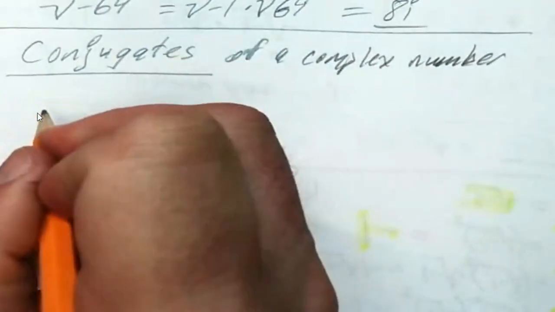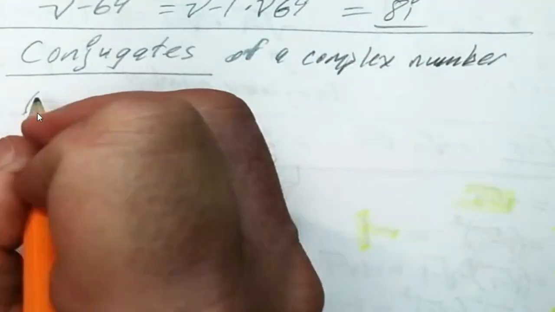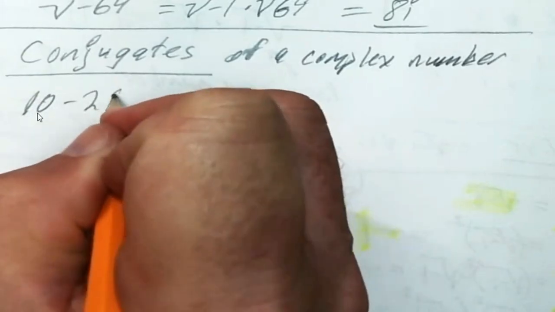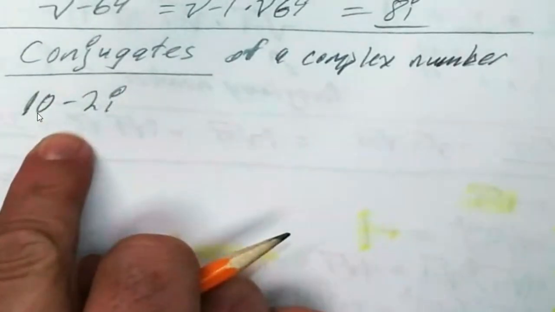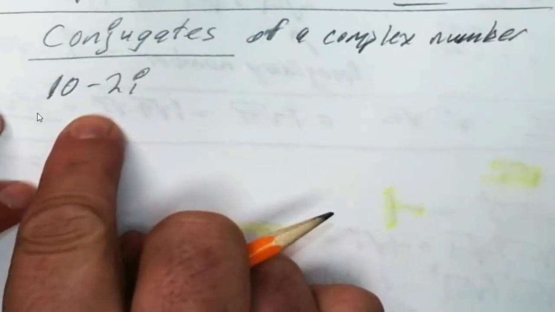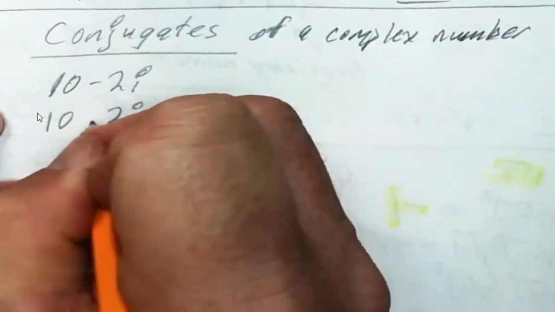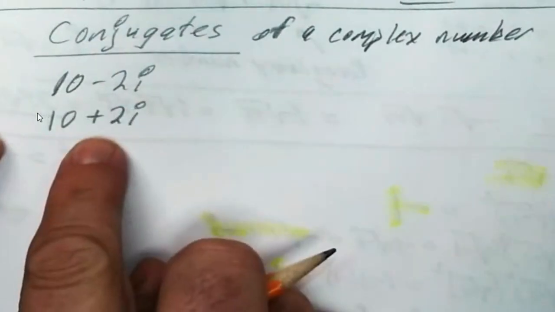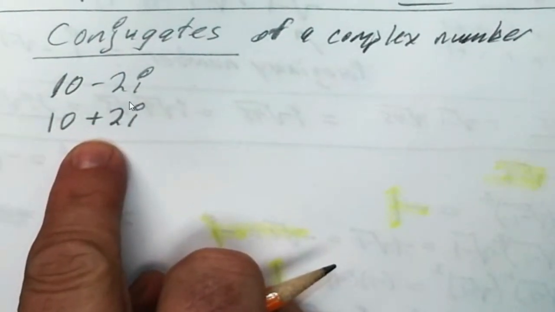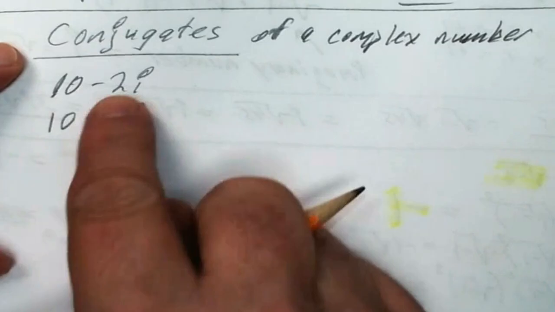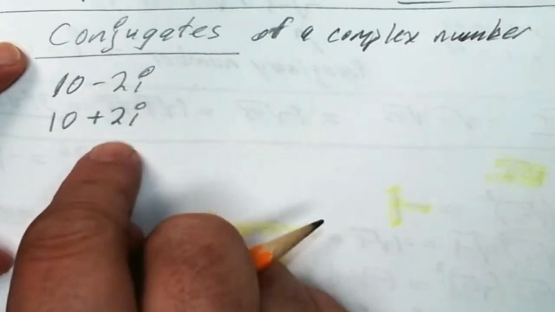If we have 10 minus 2i as a complex number, the conjugate looks very similar. This is the conjugate of that. Conjugates have the exact same real number and the opposite imaginary number.